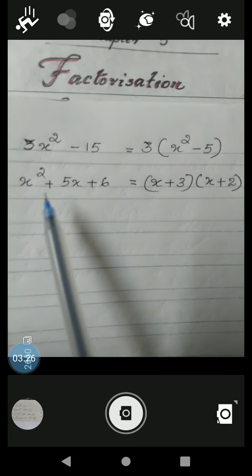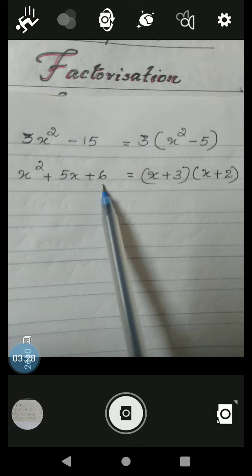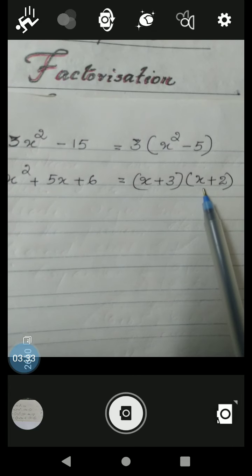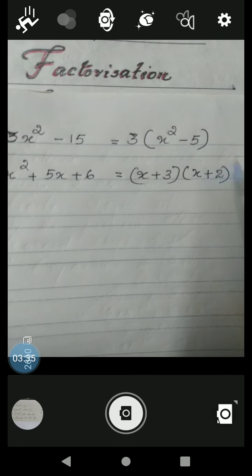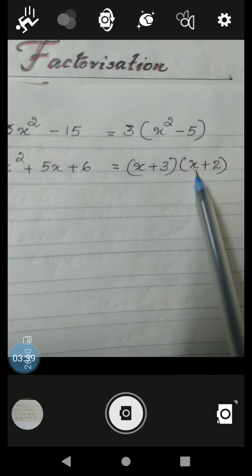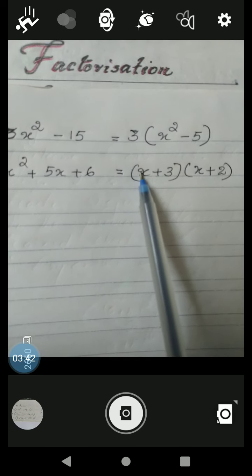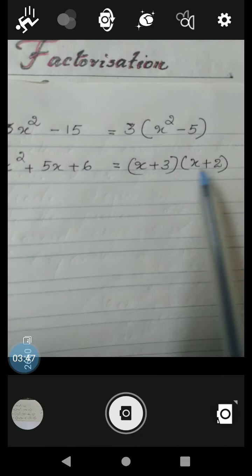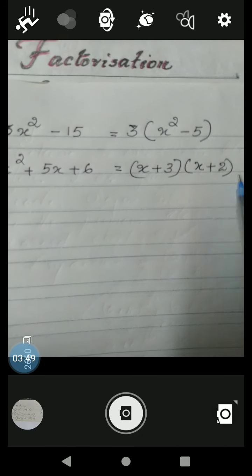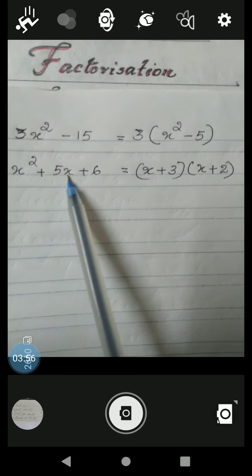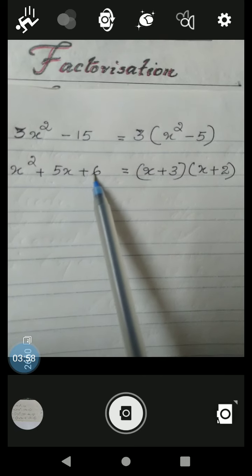And consider x square plus 5x plus 6 can be written as (x plus 3) into (x plus 2). In the previous chapter, we have learned how to expand (x plus 3) into (x plus 2). That is x square plus (3 plus 2) into x plus 3 into 2. The same. x square plus (3 plus 2) into x, that is 5x, plus 3 into 2, that is 6.